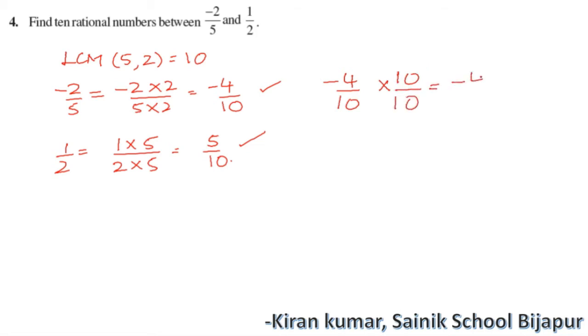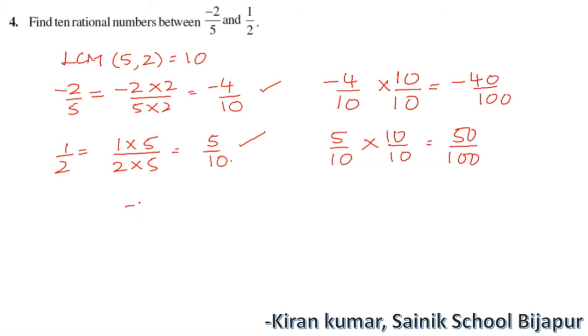I'll get minus 40 by 100. The same way, the 5 by 10, when I multiply by 10 by 10, I get 50 upon 100. Now I can write so many numbers between these two numbers.